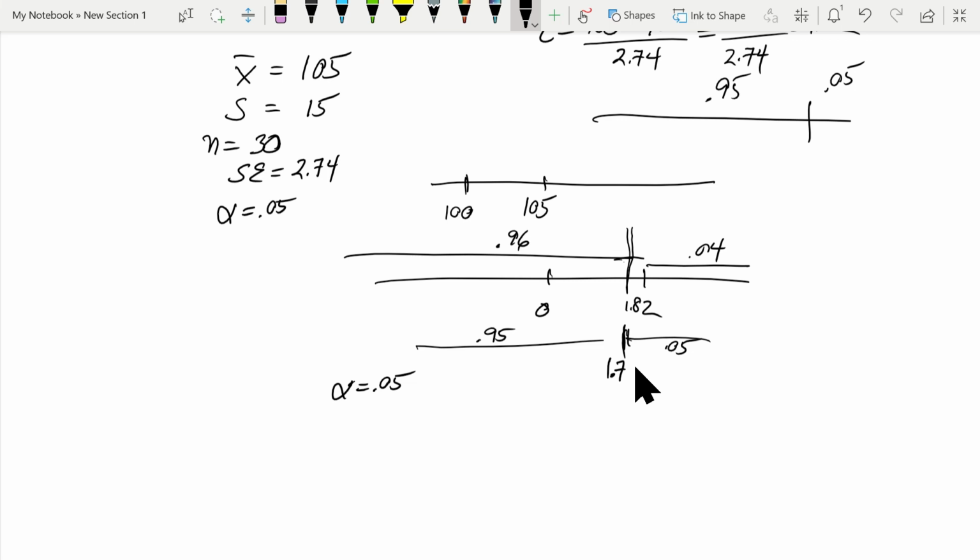Right, now, this is two ways to look at the results. One way is I got a number 1.82 that's bigger, that's further out than 1.7. I reject the null hypothesis in favor of, yes, the fertilizer works. The other way to look at it is I got 1.82. Where is it really?